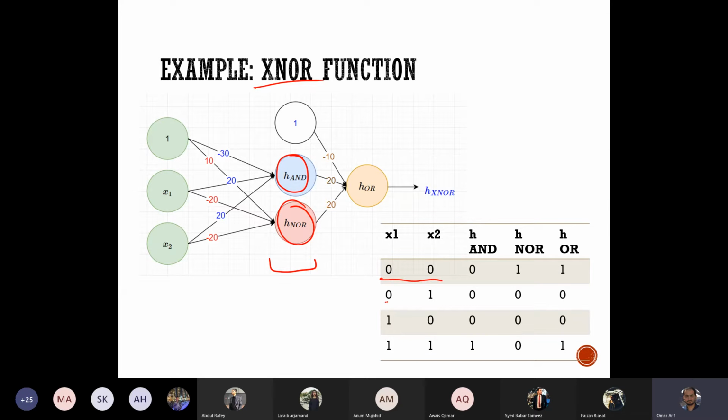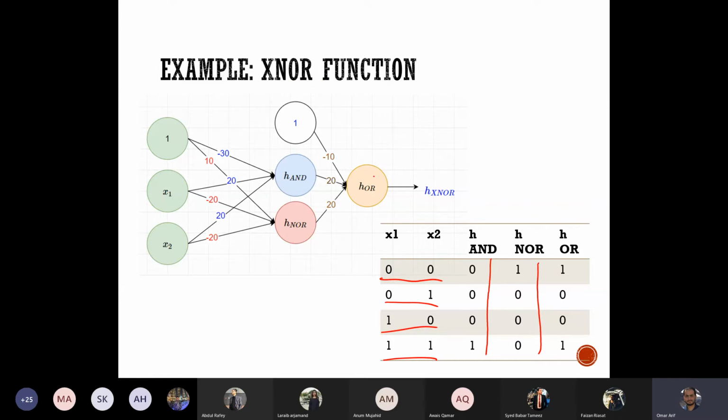So this is my input now. The first neuron, this blue one here, is the AND function, so I'm getting 0 0 0 1. The red one is the NOR function, I'm getting 1 0 0 1. Using these values you can double check whether you are getting these values or not, but for now you can go with my word.